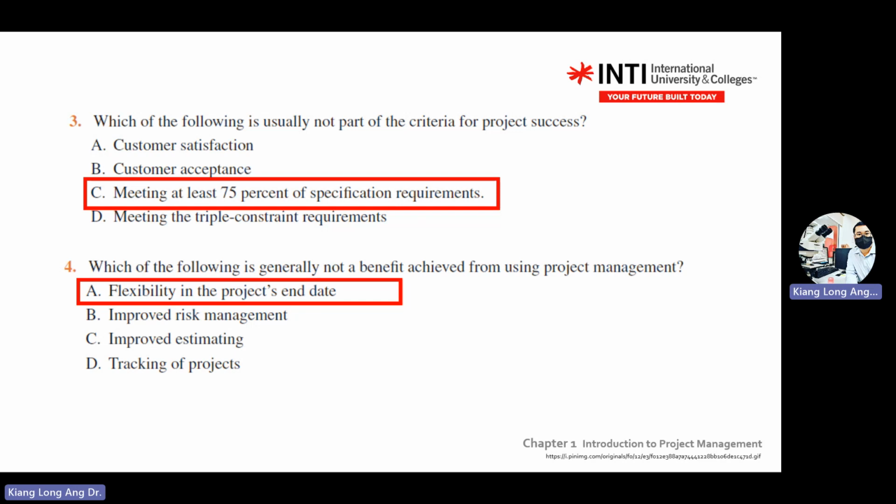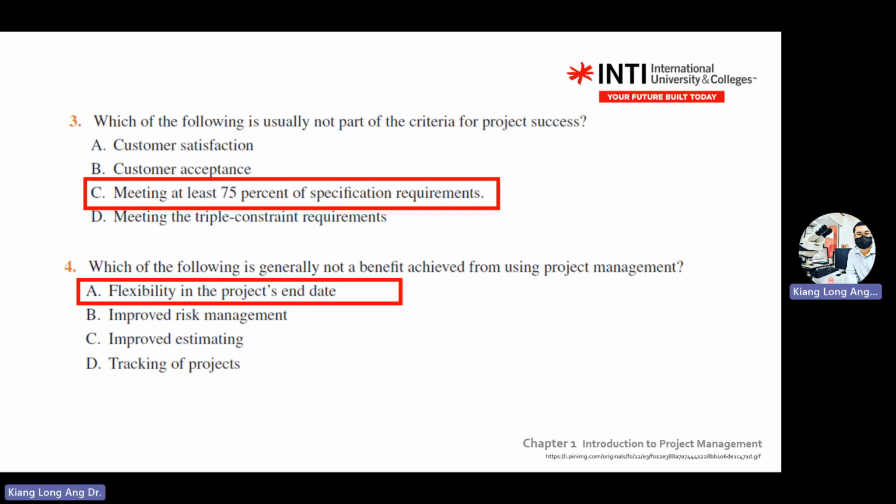In project management, you have a start date, end date. There's no flexibility. You need to manage within the time. It can be linked to trade-off, but not project management. C, improve estimating, means benefit. If you have project management, you can do planning and all this.